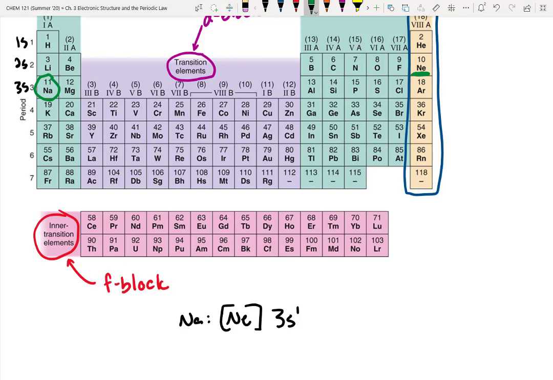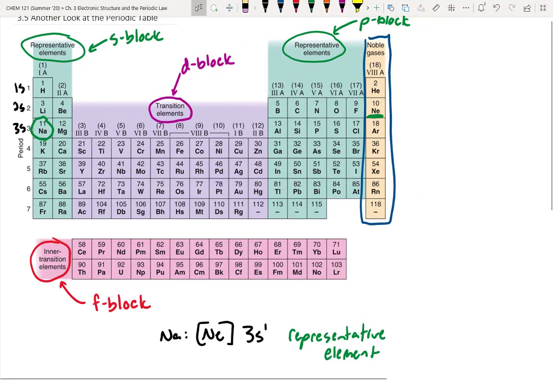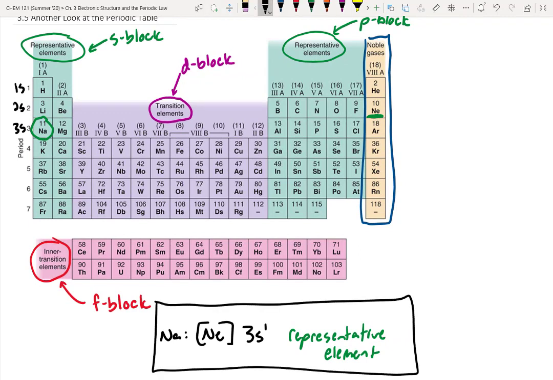So if we were to look at sodium, we would say this is a representative element. It wouldn't be called a transition element, wouldn't be called an inner transition element, and it's definitely not a noble gas. So I would just go ahead and classify it this way. All right, I hope that makes sense.